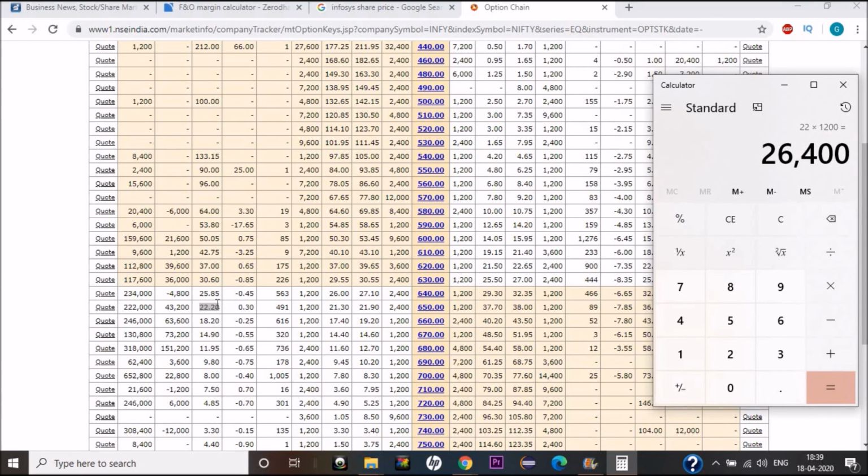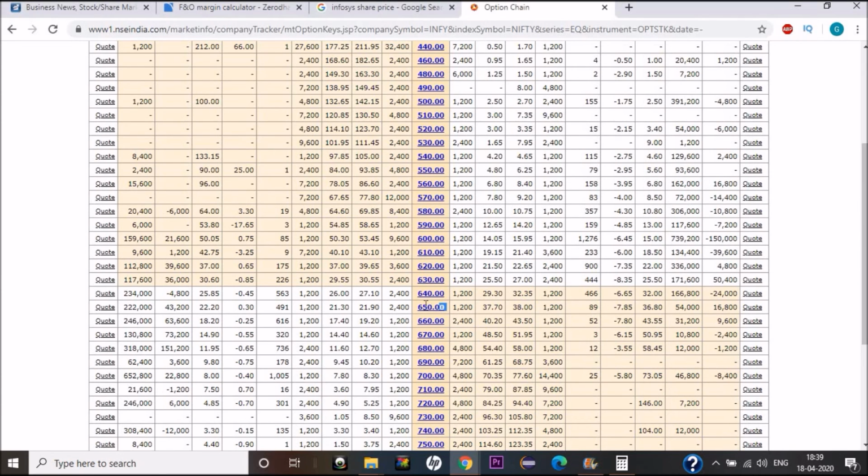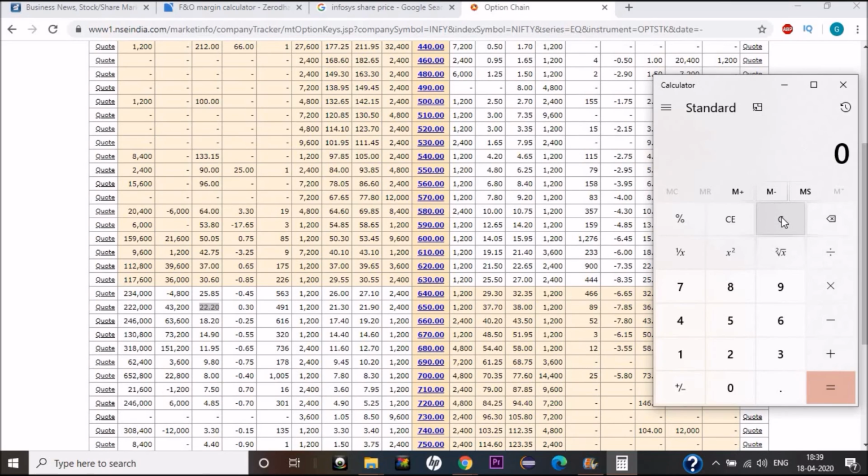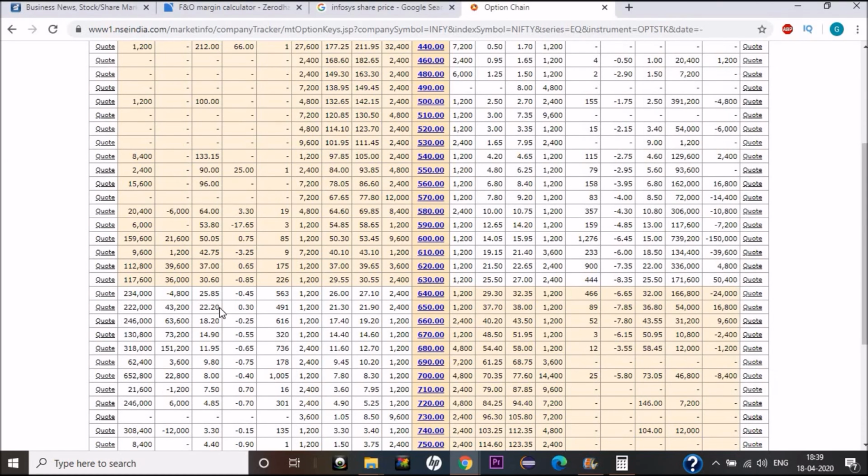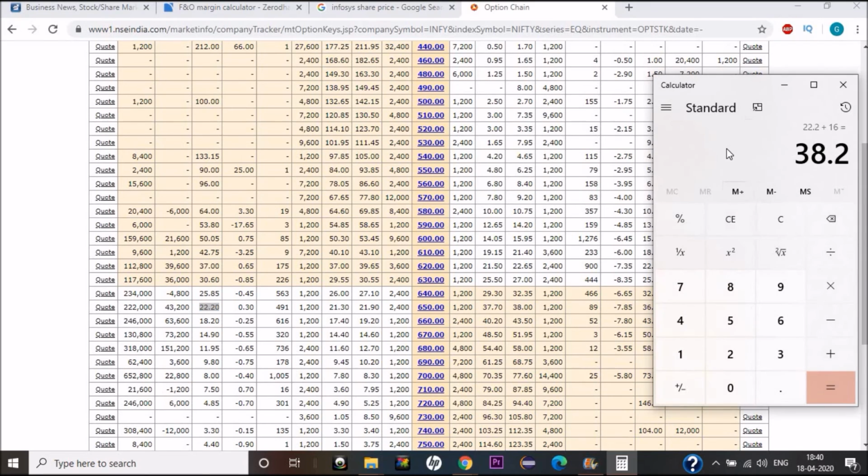That's it, and if my prediction is good, this 22 will actually rise by 16. So 22.2 plus 16, which is my actual stock fluctuation, is 38 rupees. So this would go to 38, and I have my 1200 quantity.